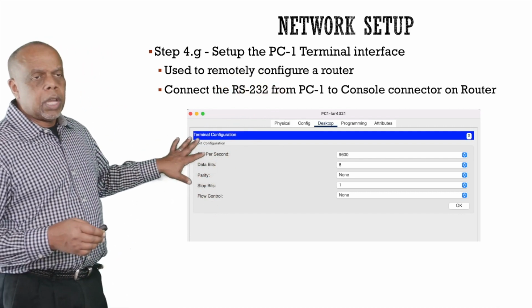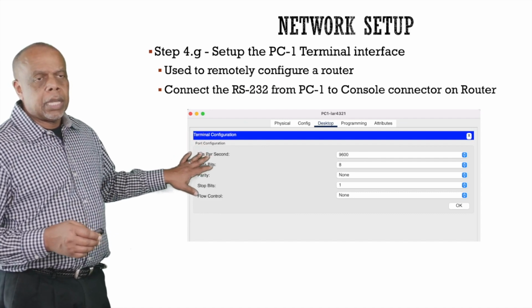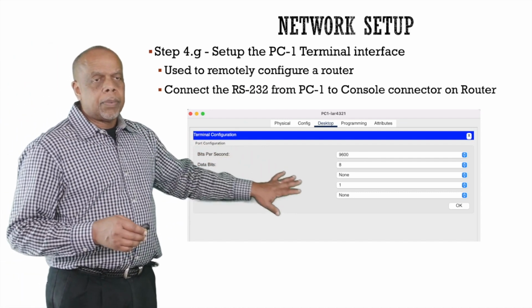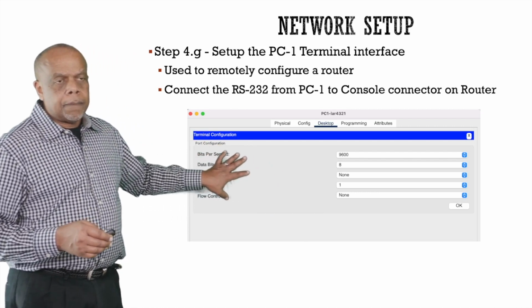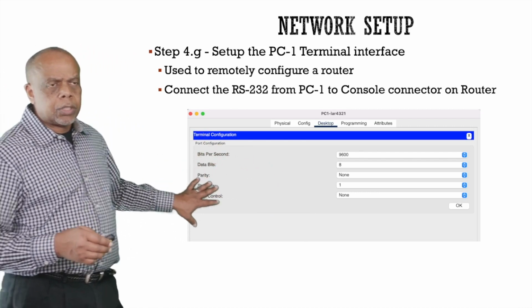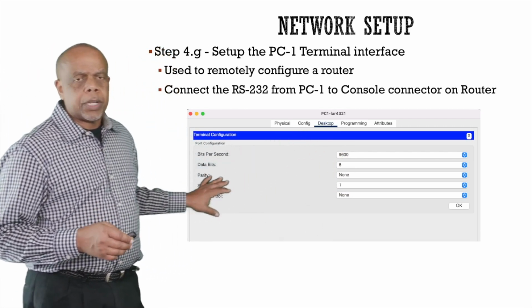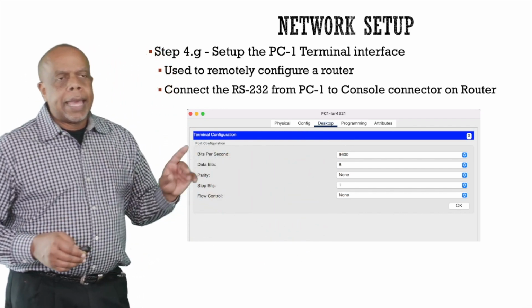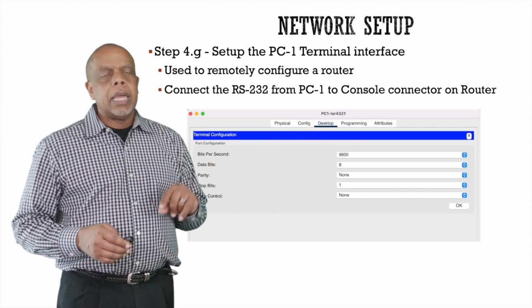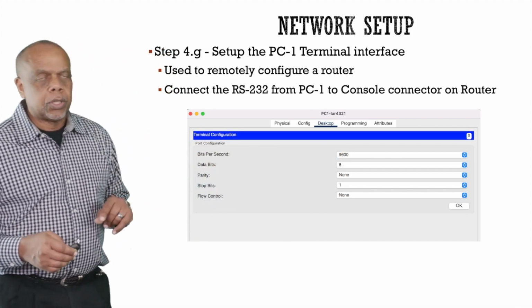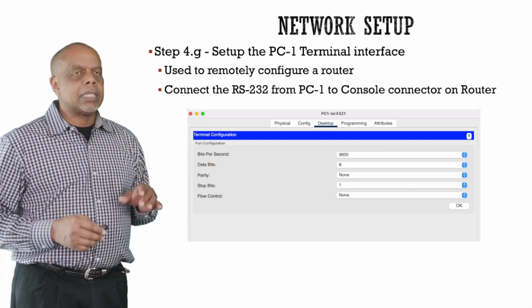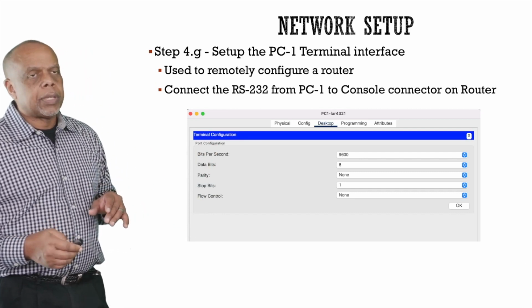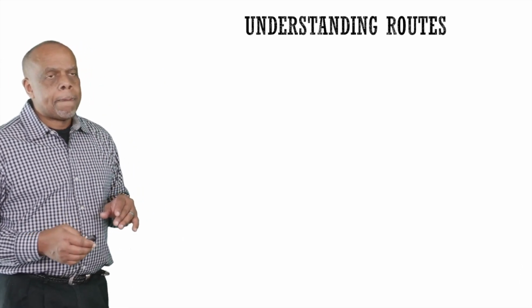But what you're going to do is go to that PC itself, go to Desktop, and when you get there, go to the terminal configuration, to the terminal mode. It should be populated automatically, and once you connect the cable, you hit OK. You should be able to connect to that router. And what you're going to see there is the exact same thing that you would see on the router itself.